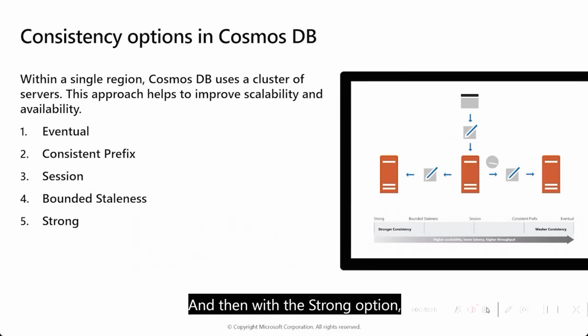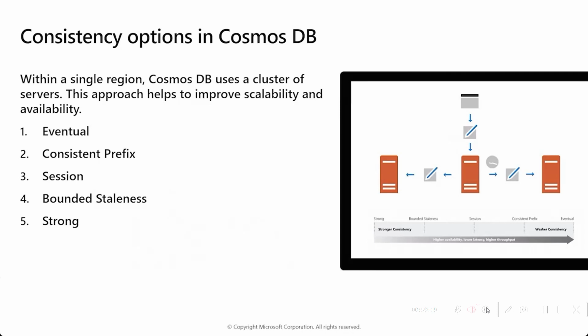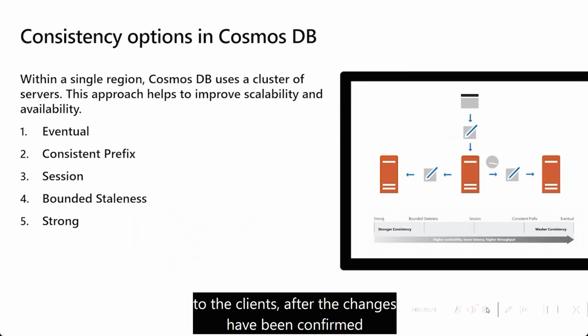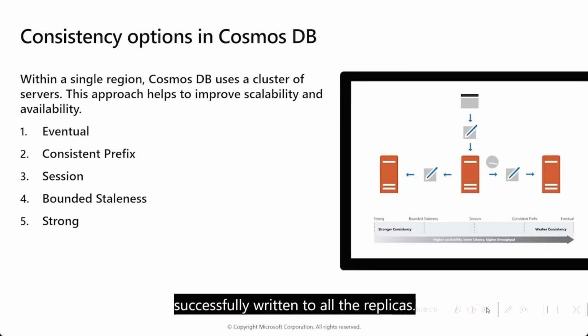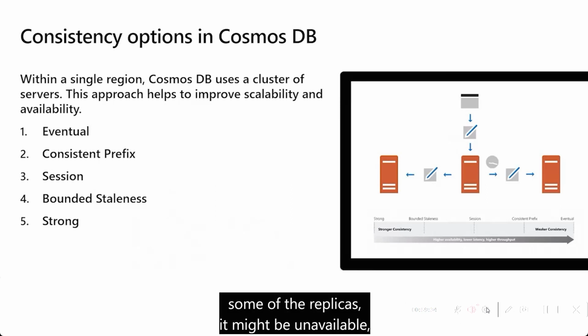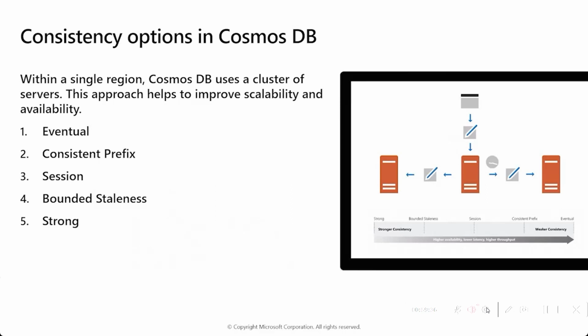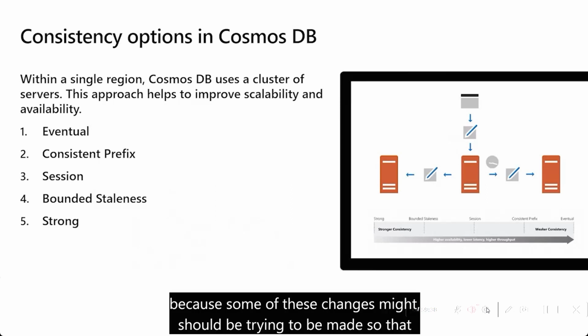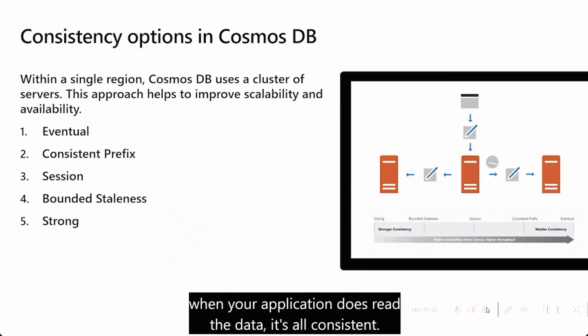And then with the strong option, this is where all writes are only visible to the client after the changes have been confirmed successfully written to all the replicas. And so this option means that sometimes when your applications are trying to read from some of the replicas, it might be unavailable because some of these changes might be in the process of being made, so that when your application does read the data, it's all consistent.